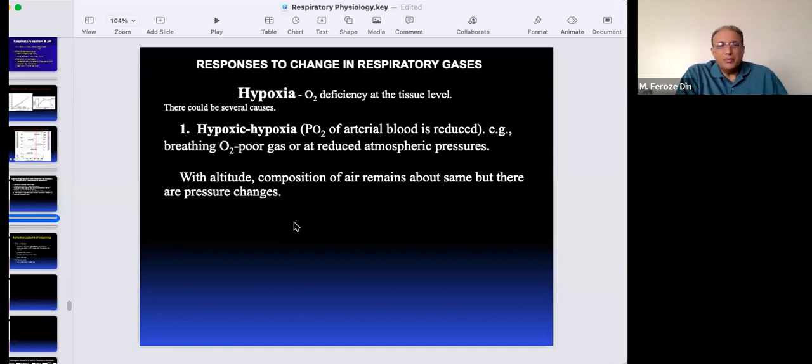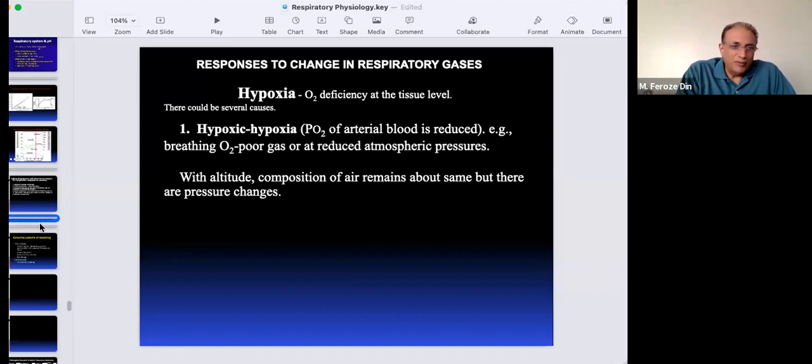And there's the first type of hypoxia called hypoxic hypoxia. What this means is that there is lack of oxygen because of a primary lack of oxygen. For example, in high altitude, you have less oxygen, so you can't have more oxygen. So that is a hypoxic hypoxia.